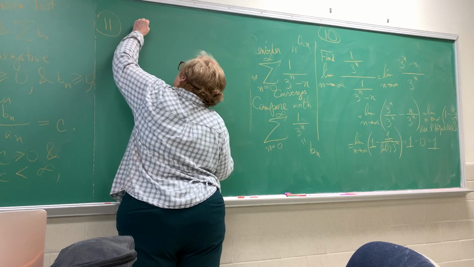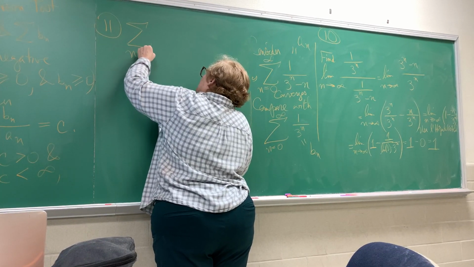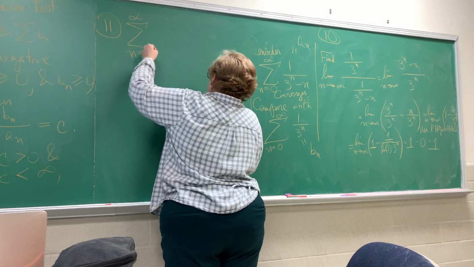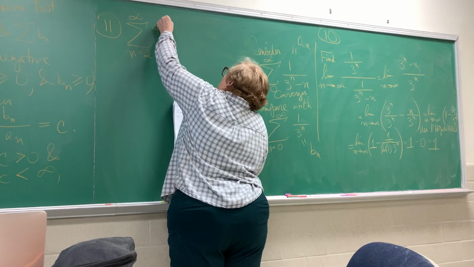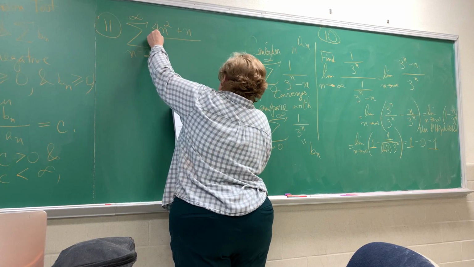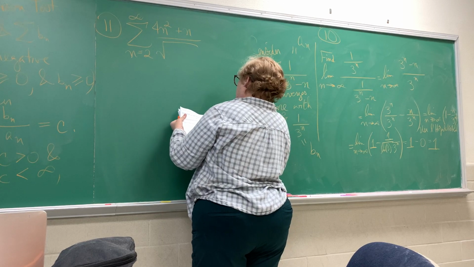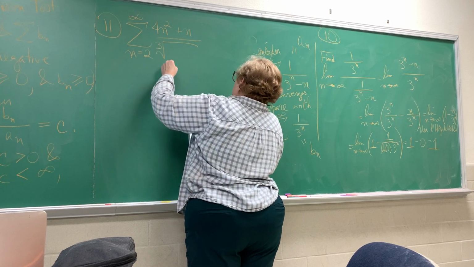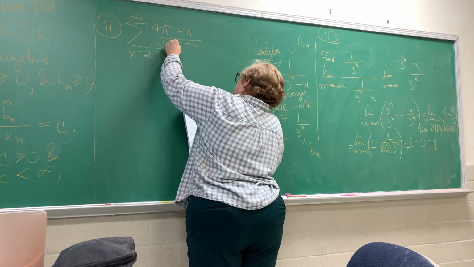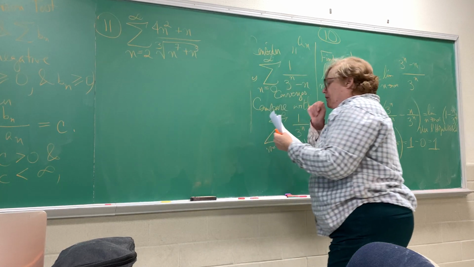In example 11, we're trying to make a decision about the series as n runs from 2 to infinity of 4n squared plus n divided by the cube root of n to the 7th plus n cubed.